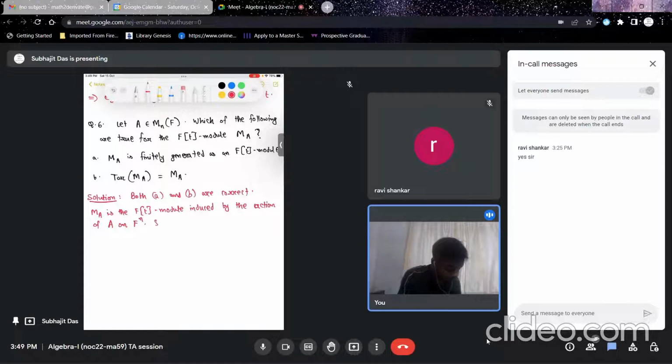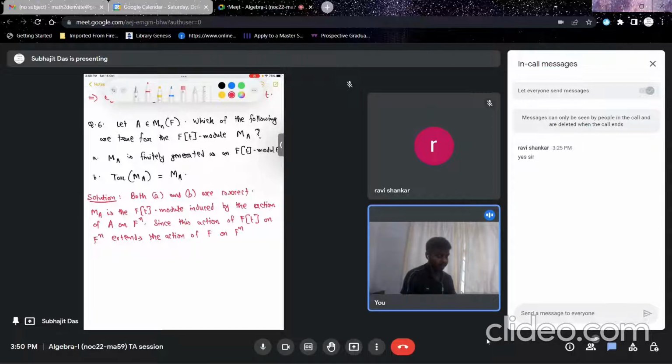And since this action of F[t] on Fn extends the original vector space action, extends the field action or the action of F on Fn, as we saw. That is, you have those constant polynomials which behave as your elements of F, right?